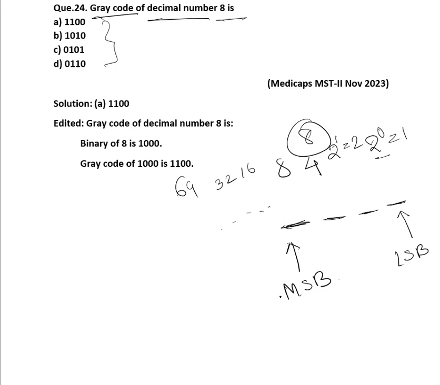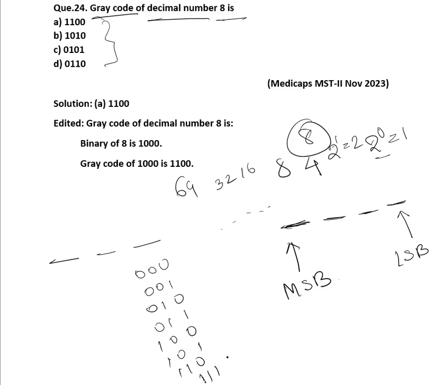One thing we have to select is how many bits we require to represent a particular decimal number. In this case, if we use only 3 bits, there will be 8 combinations: 000, 001, 010, 011, 100, 101, 110 and 111.